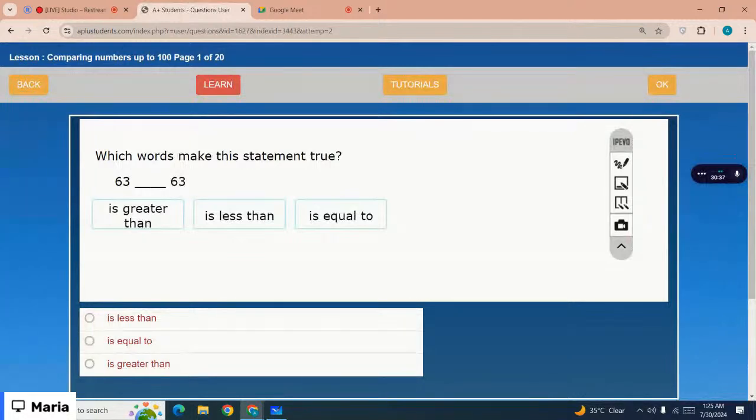Okay, which words make the statement true? 63 and 63, which is the correct option? The correct option is they both are exactly equal.